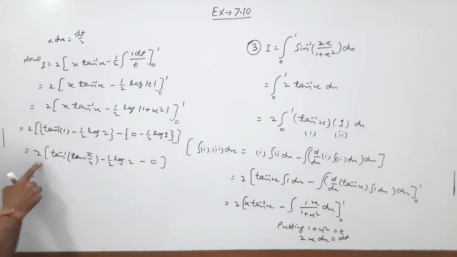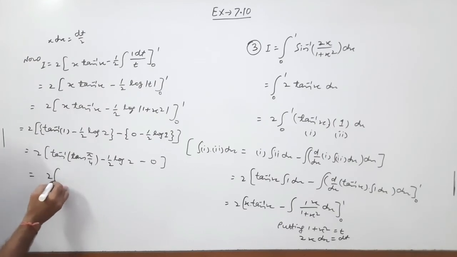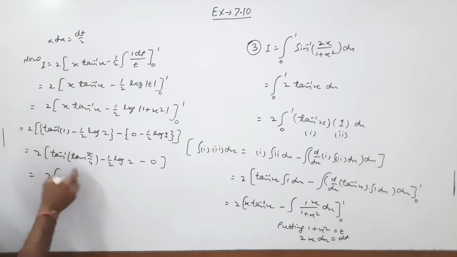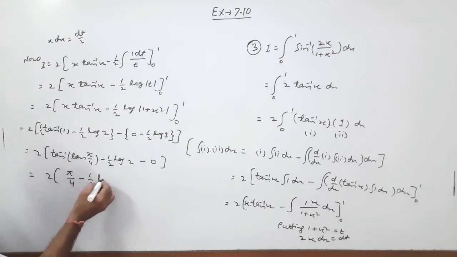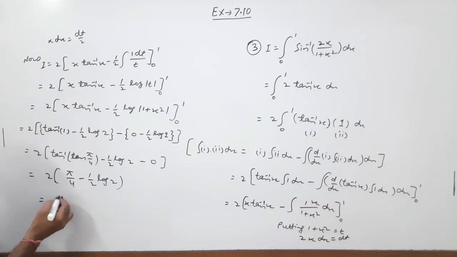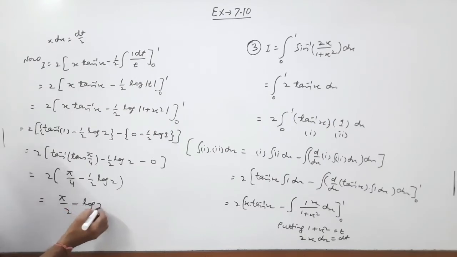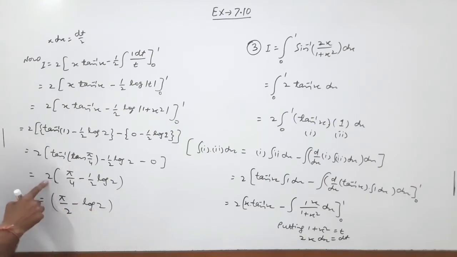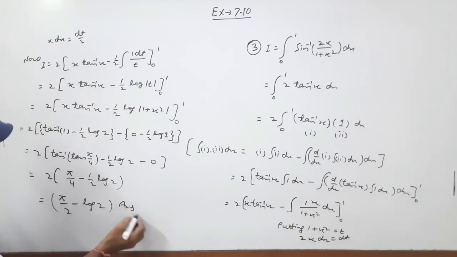By multiplying, once again we write 2 outside the bracket, then inside the bracket we have pi by 4 minus 1 by 2 log 2, because tan inverse and tan cancel. Now we have pi by 2 minus log 2 by multiplying 2 inside the bracket. The question is completed.